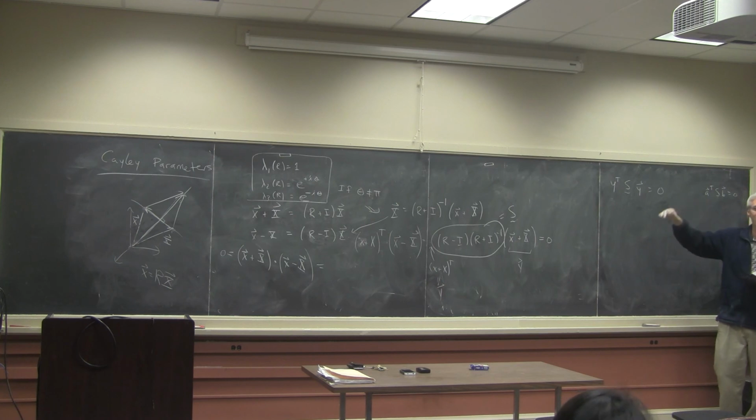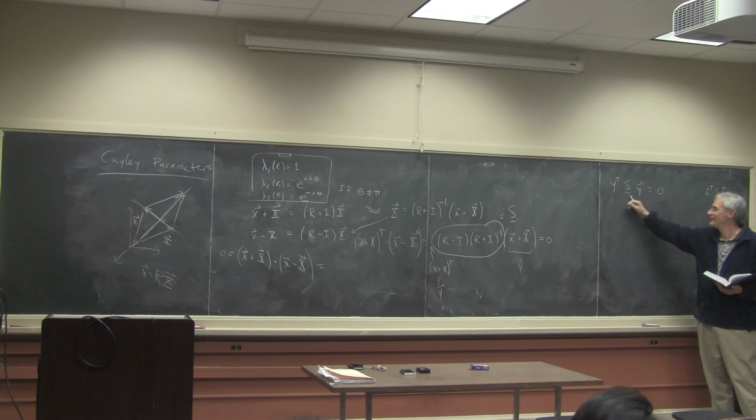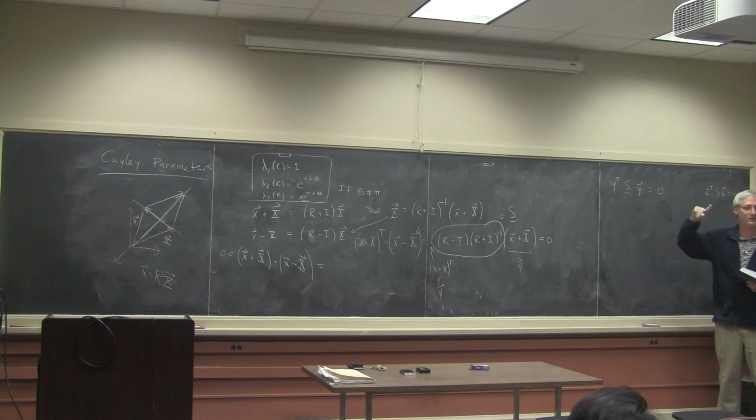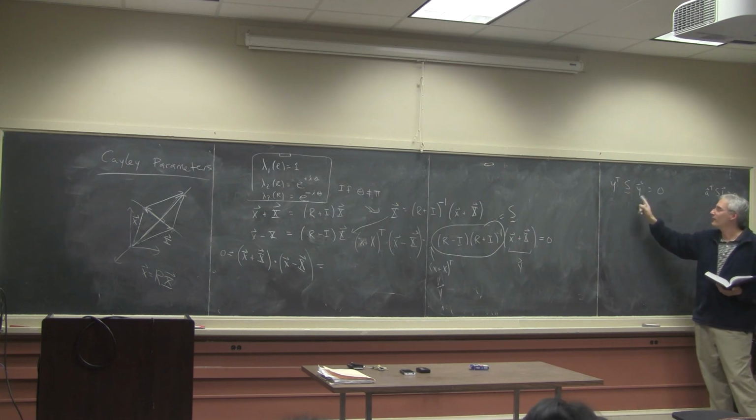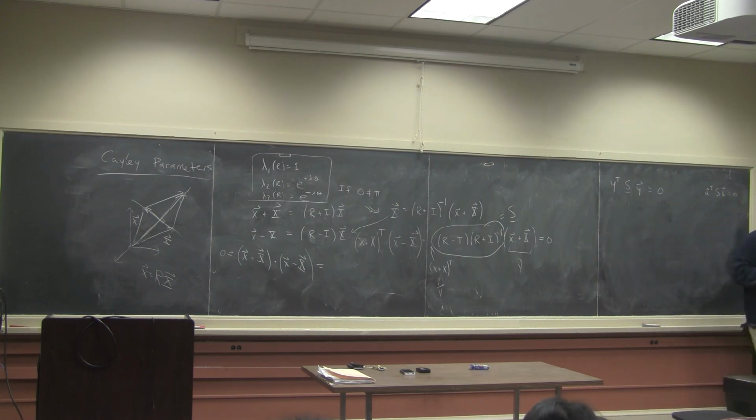He was asking a graduate student a question, and the professor thought that S was equal to 0 because of this, but actually it's not. If you think about it, there is a way for this to be equal to 0 when S is not 0. For this case, if A and B are both arbitrary, S has to be equal to 0. But that's not what we're looking at.